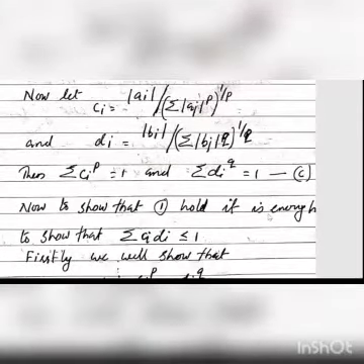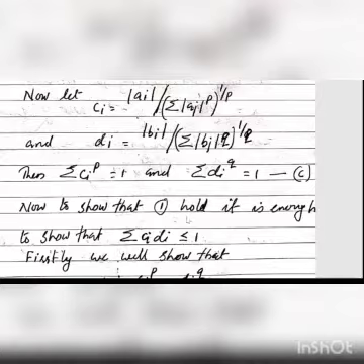Now to show the first inequality, it is enough to show that sigma Ci Di is less than or equal to 1, because sigma Ci Di means mod Ai mod Bi will come, so mod of Ai Bi will come, divided by sigma Aj raised to P raised to 1 by P into sigma mod Bj raised to Q raised to 1 by Q, which is less than or equal to 1.